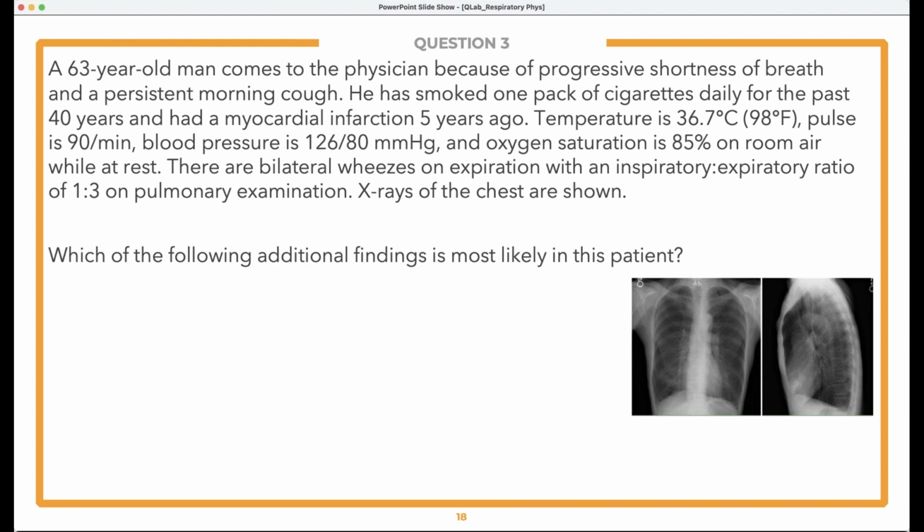There are bilateral wheezes on expiration with an inspiratory-expiratory ratio of 1:3 on pulmonary examination. X-rays of the chest are shown. So again, the question, which of the following additional findings is most likely in this patient?